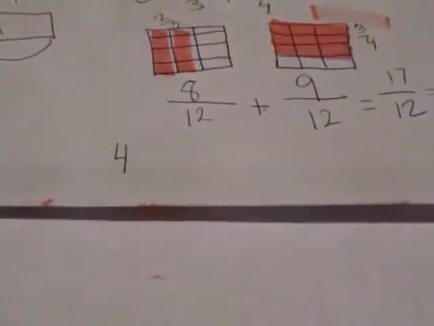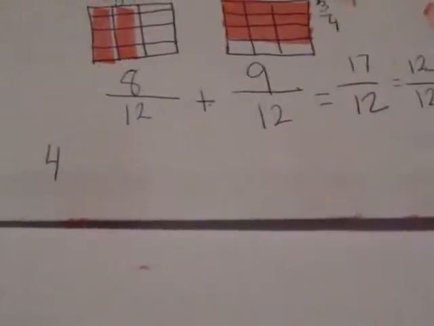I'm not done yet. I need step 4. And step 4 is actually the answer in sentence form, because it is a word problem. Excuse me, I just need to move my camera just a second. And so the question was, how many liters of beverage did Sam bring to the party?